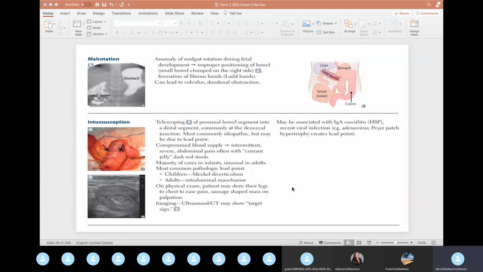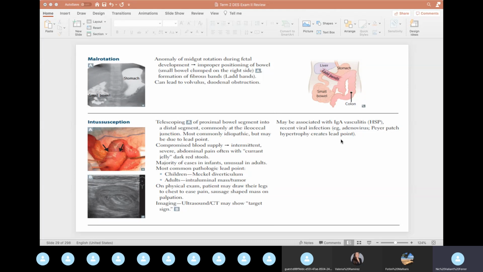On physical exam, you can ask the patient to draw their legs to the chest to ease the pain, and then you can palpate a sausage-shaped mass. On imaging, you may see the target sign. It can be associated with IgA vasculitis, your Henoch-Schönlein purpura, more in term 4, or a recent viral infection, for example adenovirus and Peyer patches hypertrophy, which can create a lead point.